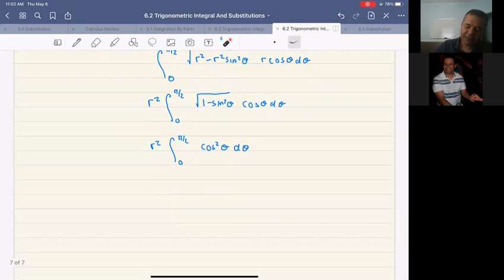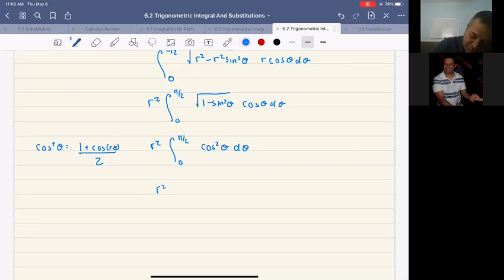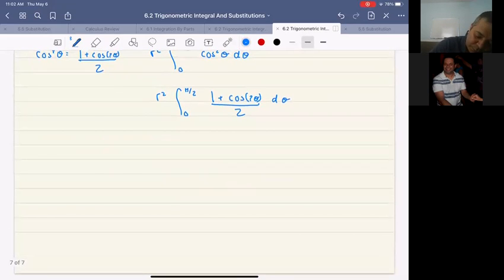Now, here we're going to use cosine squared of theta is 1 plus cosine 2 theta divided by 2. So r squared, 0 to pi over 2, 1 plus cosine 2 theta divided by 2 d theta, gives r squared times theta over 2 minus sine 2 theta over 4, from 0 to pi over 2.